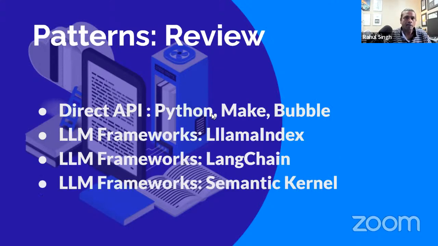The way we can interact with LLMs, which I'll go through, is we can interact directly with the LLM API. We can use a framework like Llama Index to index and ask questions on our data, and that's the pure focus of Llama Index. We can do similar things with Langchain and use APIs and create chains of tools that can intelligently choose which type of tool to use for what type of scenario.